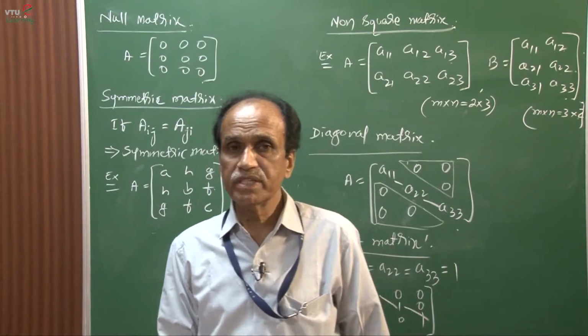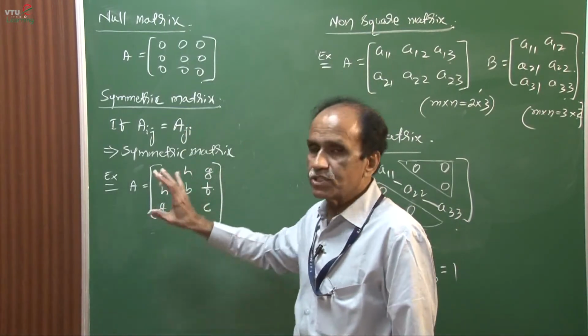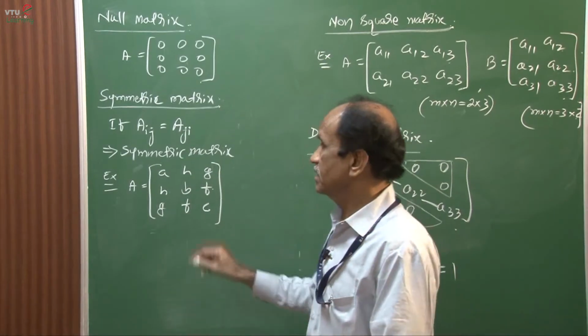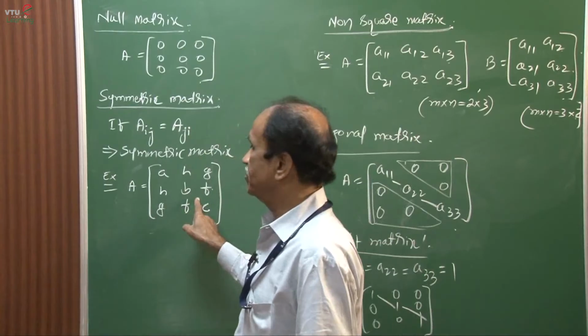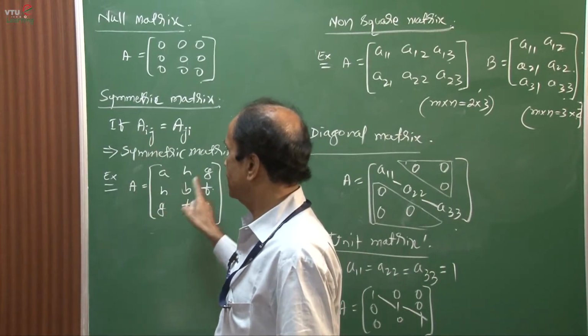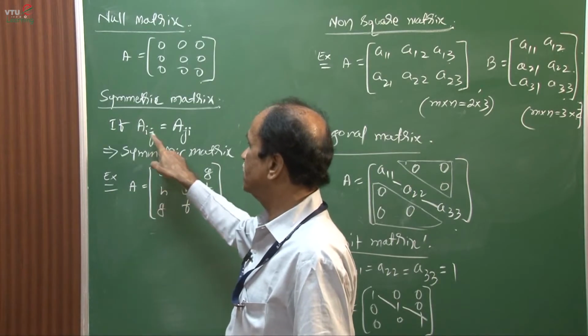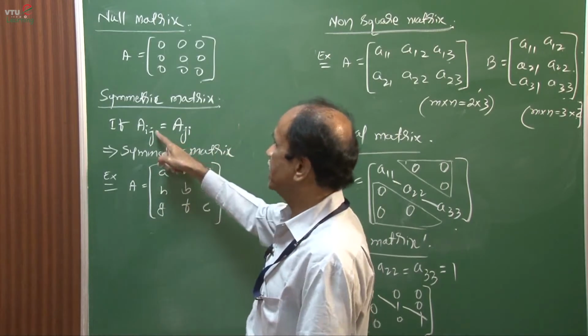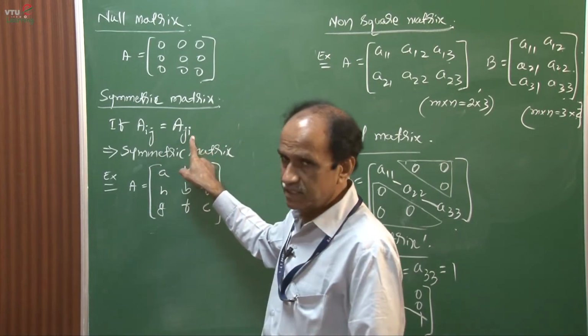Rows and columns interchanged means the matrix should remain the same, then only we call it as symmetric matrix. In Aij, i is for row and j is for column. If you interchange, that means Aij is equal to Aji.